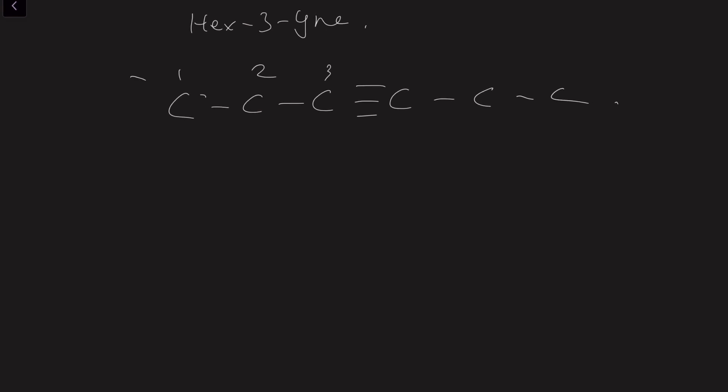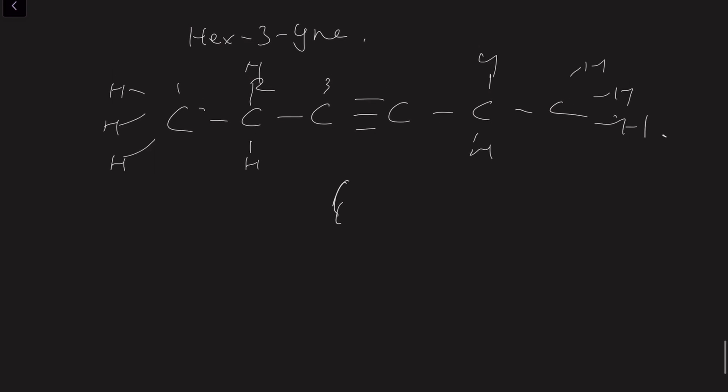And you just fill in the hydrogens. Sorry, this carbon should not be connected to any hydrogen because it already has 4 bonds. So that's hex 3 YNE. And the general formula, C6H10. So 6 times 2 minus 2 is equal to 10.